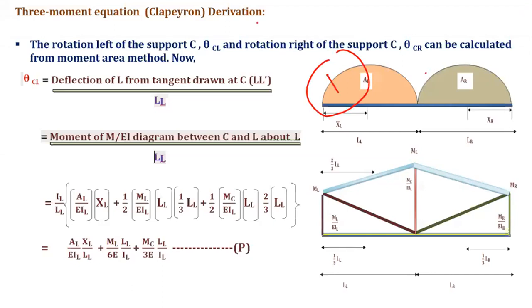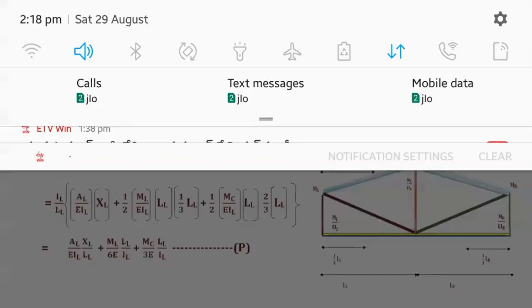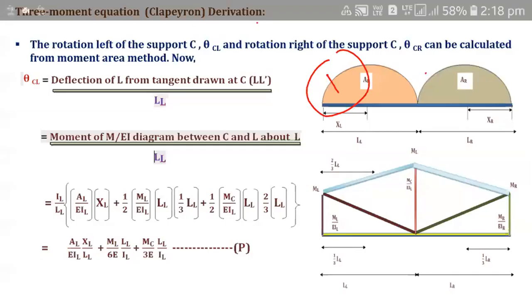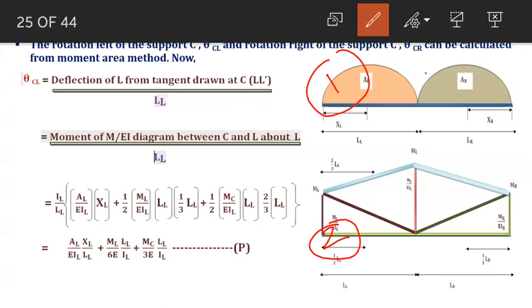So now we can write theta CL. For the left portion there are three diagrams. First, all of you write AL by EIL into XL. Second, this is my second diagram. What is its shape? Triangle. Half into ML by EIL into base length LL.